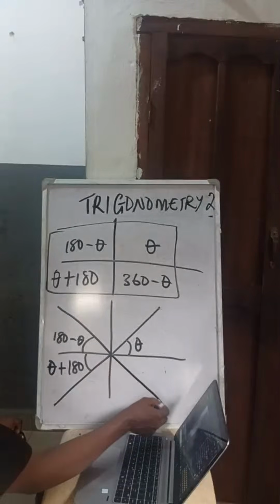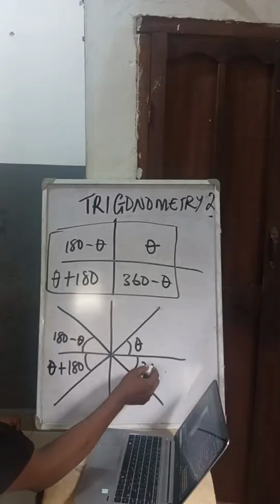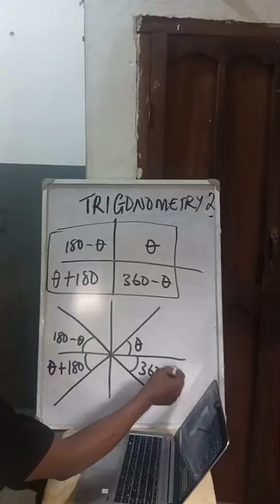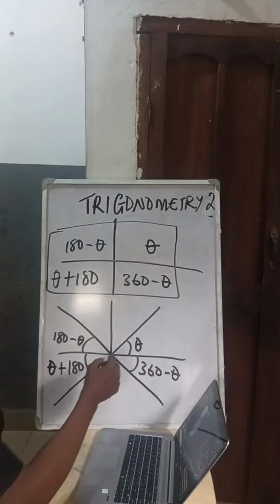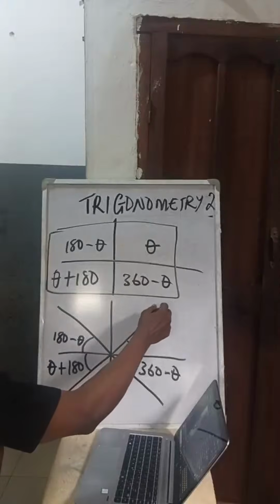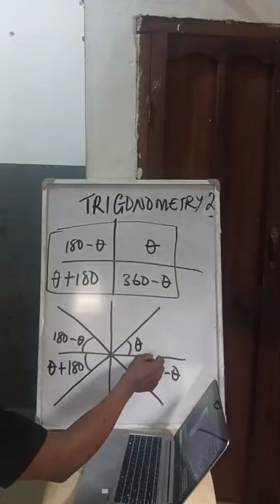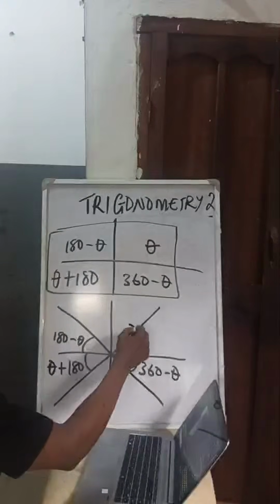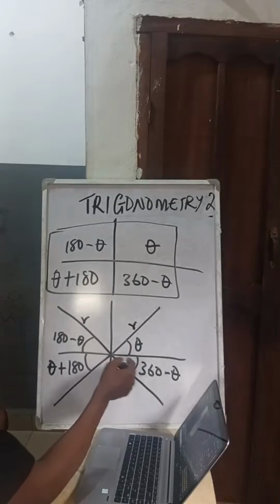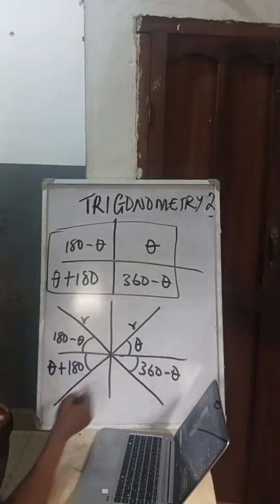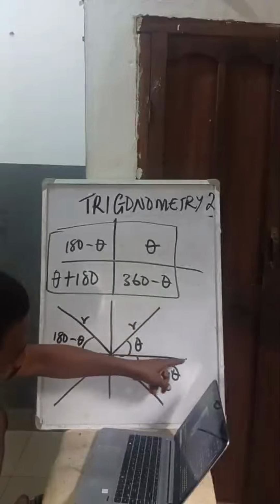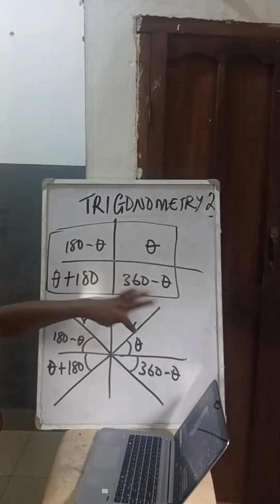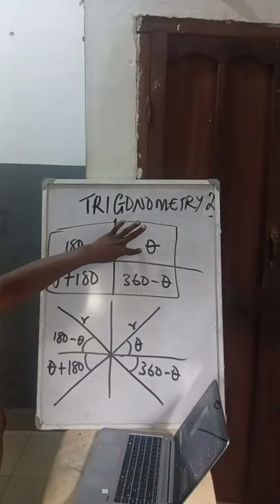We have another one here. There is 360 minus theta. So the angle which the radius makes with the horizontal line is considered. So we are taking this as theta. Can you see it here?